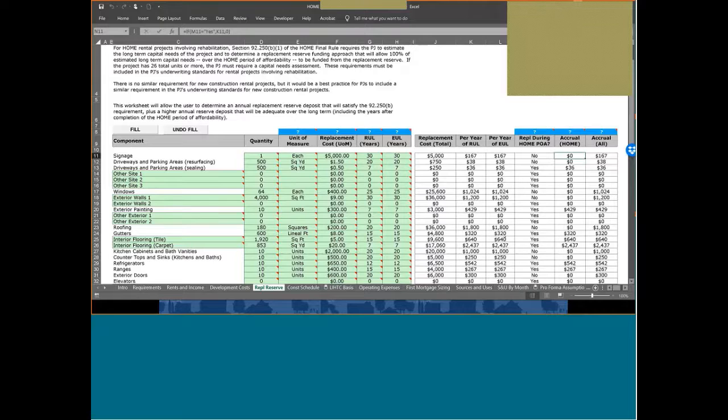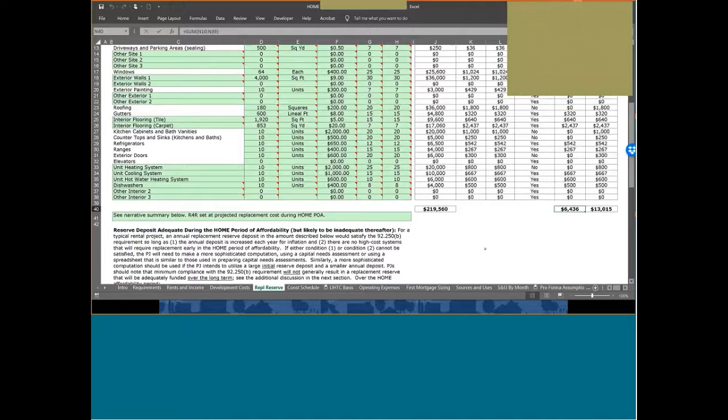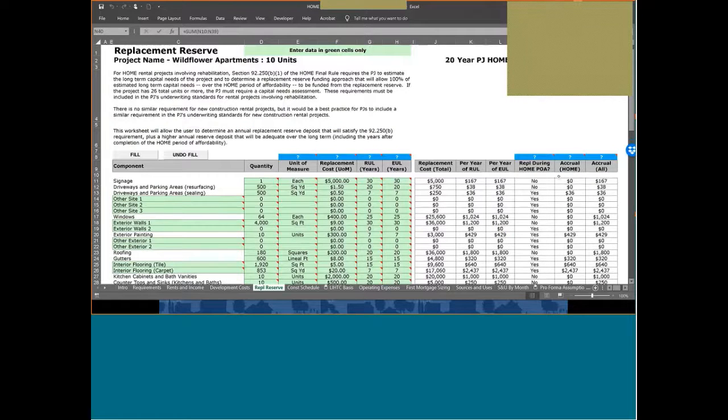And the punchline, where it all comes together, is this number here, $6,436. What this says is that this property will have a $6,436 per year cost over 20 years to replace items, and that's what the reserve should be set at. So we'll see how that comes together later, but I thought demonstrating this tool set could be really interesting and potentially valuable in the way that you underwrite your deals.